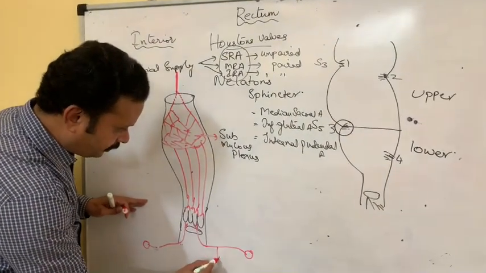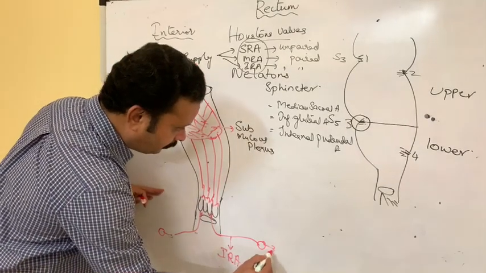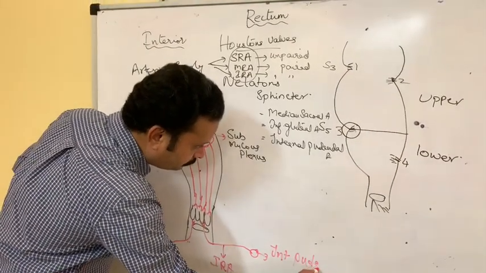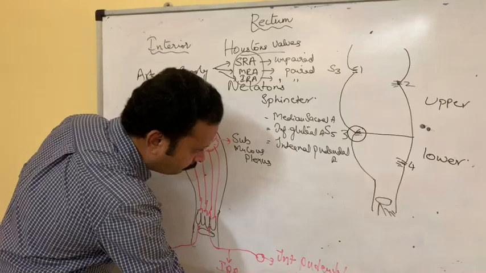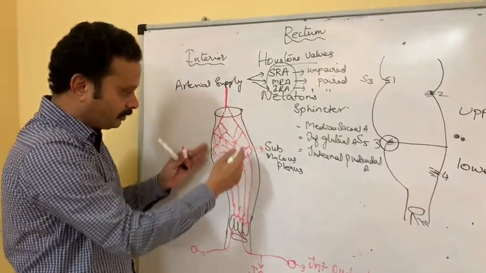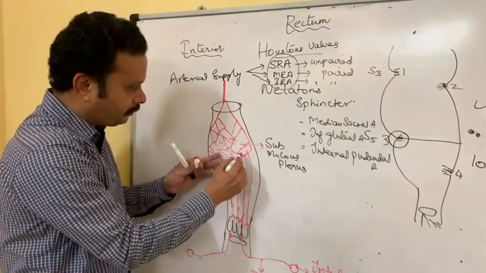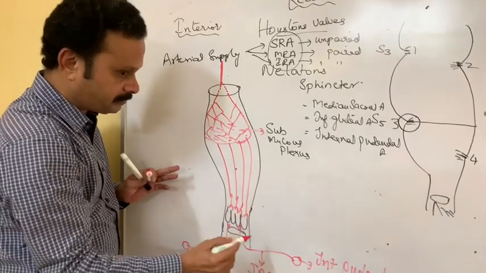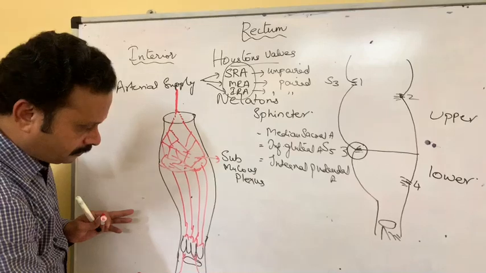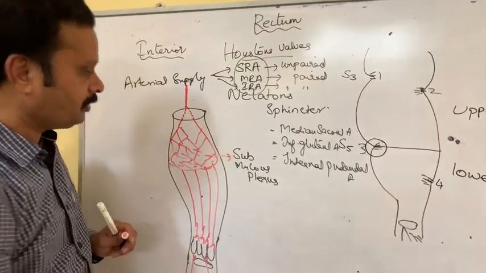This is the inferior rectal artery, which is a branch of internal pudendal artery. Is it clear? So it supplies the wall of the rectum and even onto the anal canal by giving off straight branches which anastomose with the branch of inferior rectal artery, which is a branch of internal pudendal artery.